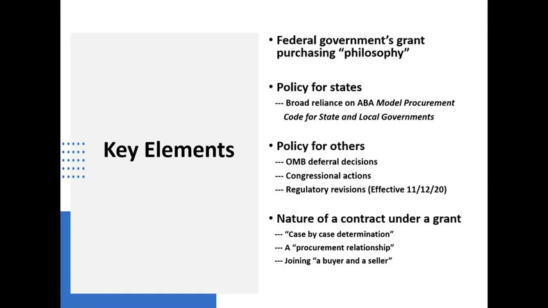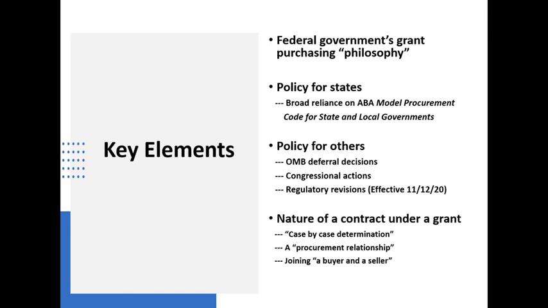A contract under a grant is what's called a lower tier relationship. It's not an arrangement that takes place between the federal government and a prime recipient. It's something that happens once a grant is awarded, and somebody in that grantee role has to engage in a form of purchasing.